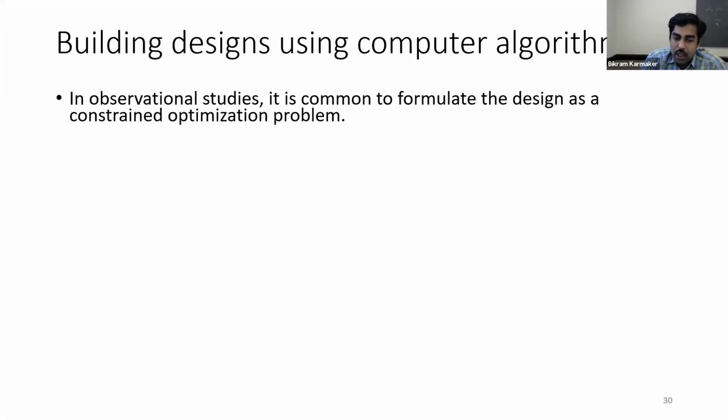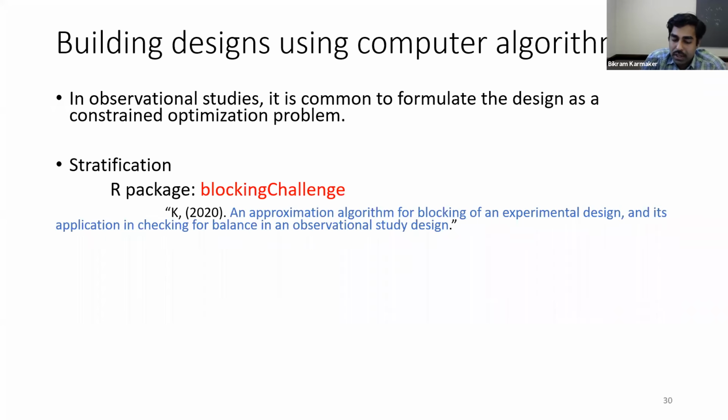Typically in observational studies, it is common to formulate the design as a constraint optimization problem. And the designs you need here are slightly more general. For example, in our study, we use stratification. We stratified on all the background variables, and we used our package blocking challenge.